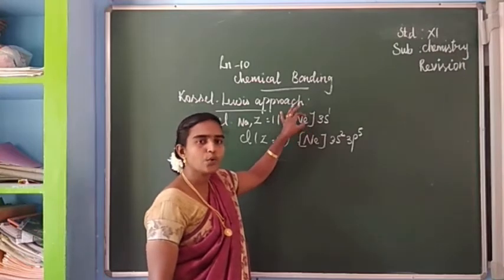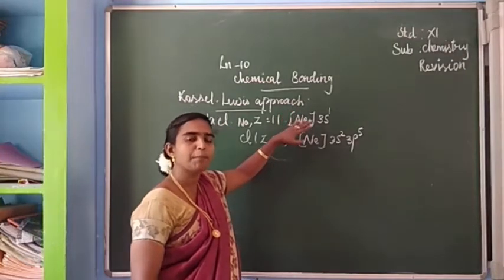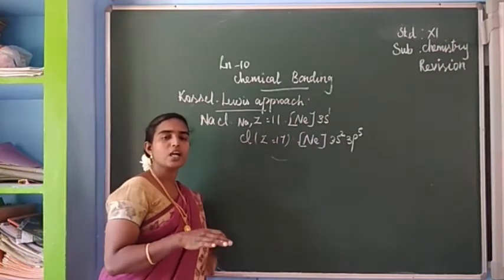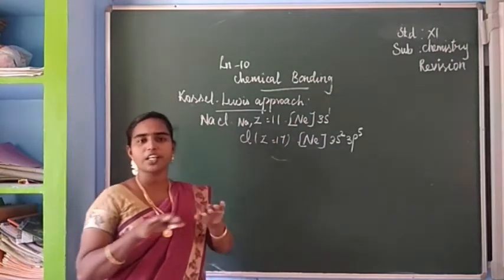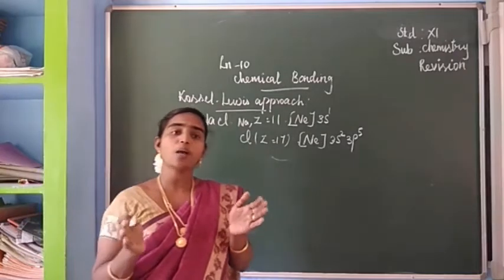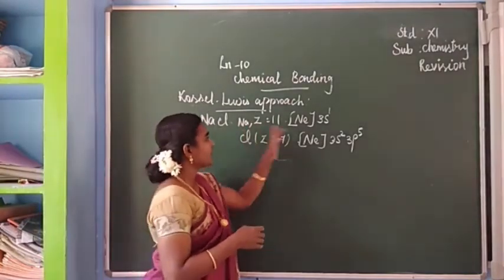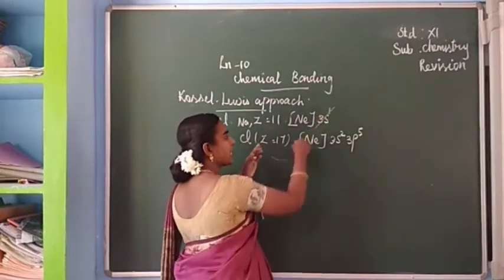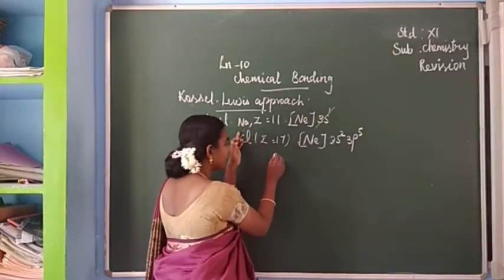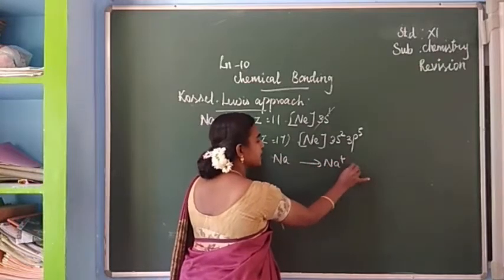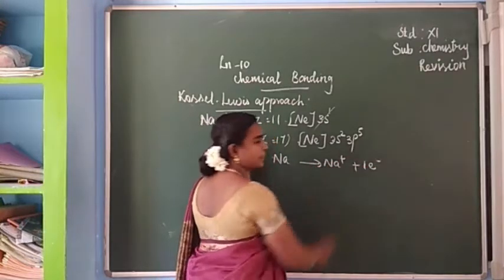Usually noble gases have completely filled electronic configurations, so those atoms are more stable than others. After removal of this electron, the sodium atom becomes Na plus cation plus 1 e minus.